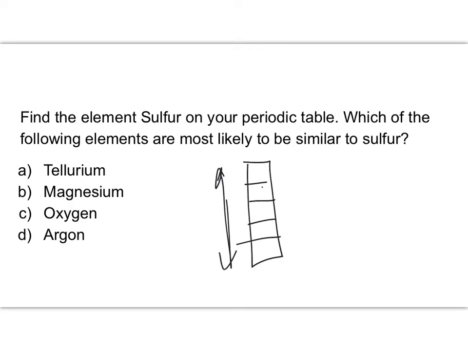So you find sulfur, it's in group number 16 on the periodic table over toward the right-hand side, and it's in the second row of that group. So you want to look for one of these elements over here that's in the same column, and the only one of these that's in the same group right above it is oxygen. So oxygen is in the same family as sulfur, therefore has similar properties.